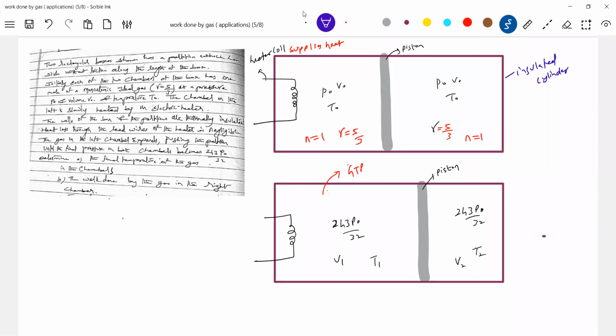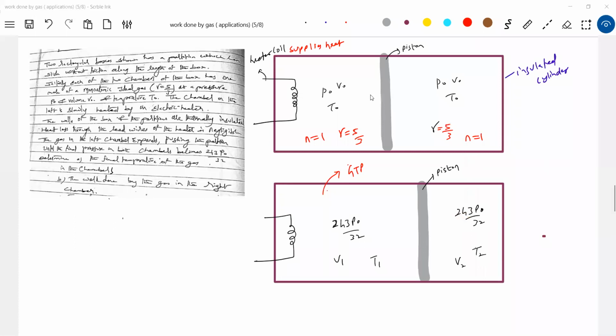Now, what can this process be? You must answer this. There's no other way. Anybody? Adiabatic process. Okay, good.